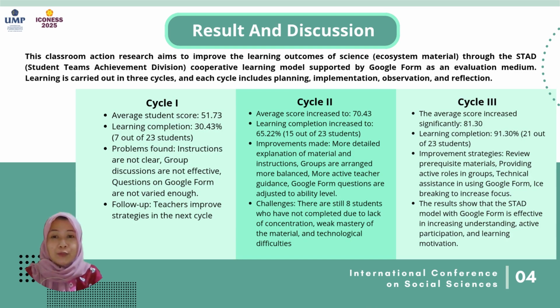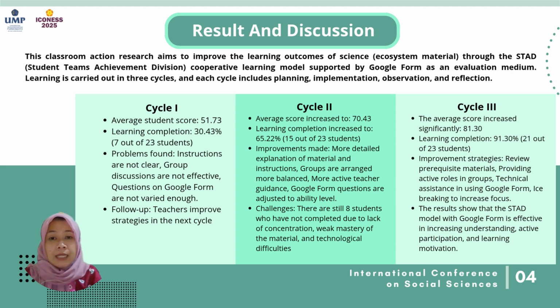In Cycle 2, improvements such as clearer guidance and better group arrangement raised the average score to 70.43 and completion to 65.22%, though some students still faced challenges with focus and technology.